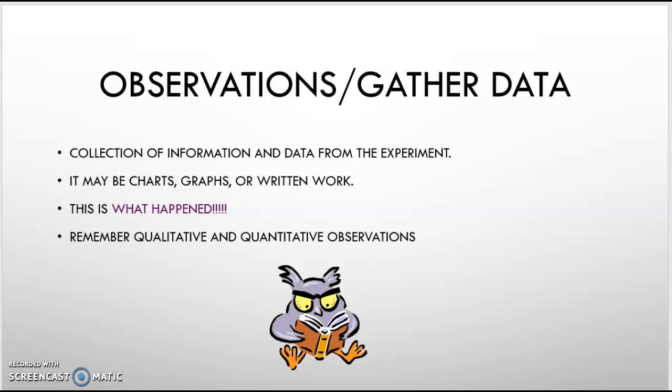So we're collecting information and data and observations from the experiment, right? It can be charts, graphs, written work. It could be pictures. It could be tally marks. It could be numbers. Depending on which type of observation you're making, whether it's a measurement, which would be quantitative, or more of a visual comparison, color, type, what does it feel like?